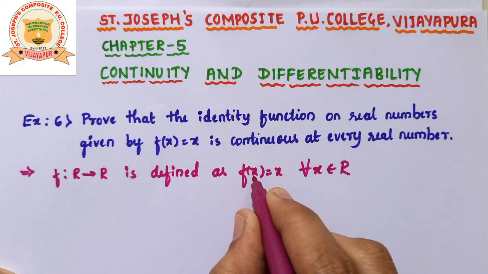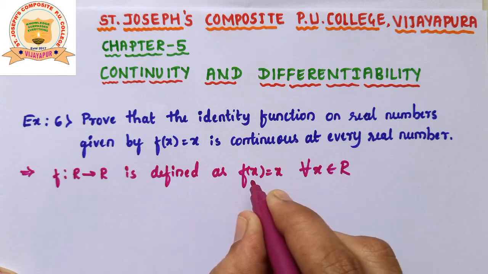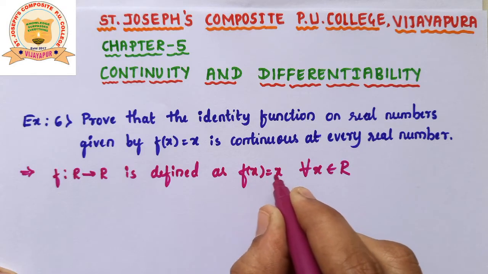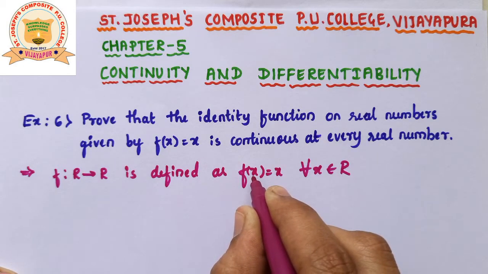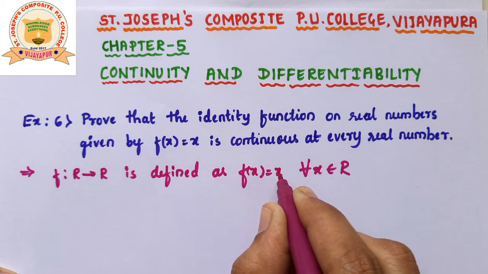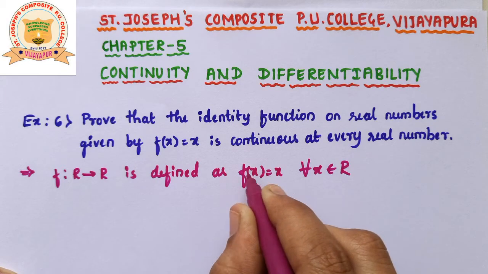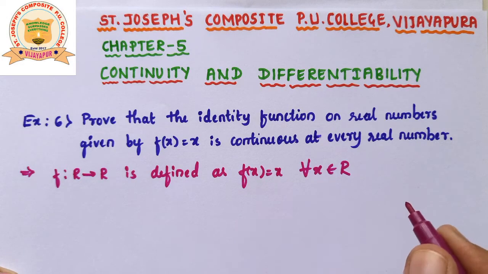If you substitute any real number in this function, you will get the same number. For example, f of 1 is 1, f of 2 is 2, f of 3.1 is 3.1, f of minus 5.1 is minus 5.1, f of 10,000 is 10,000. The function is defined like this.